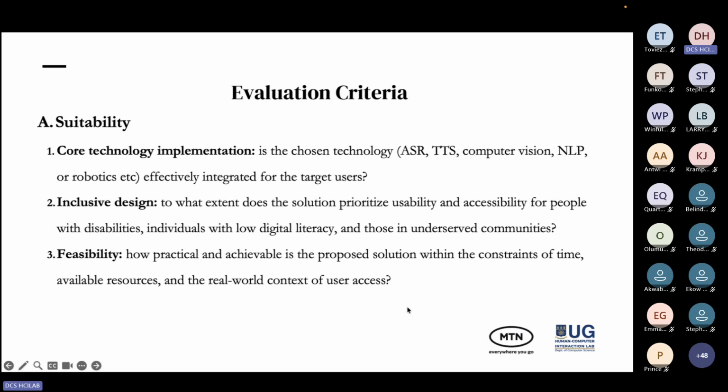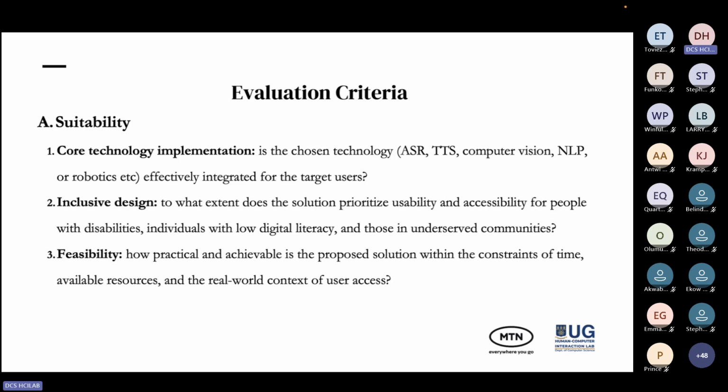At the end of the day, your solutions would be assessed based on, I think, 6 major criteria. The first is the suitability. By suitability, we would look at the core technical implementation. Is the chosen technology effectively integrated for the target users?